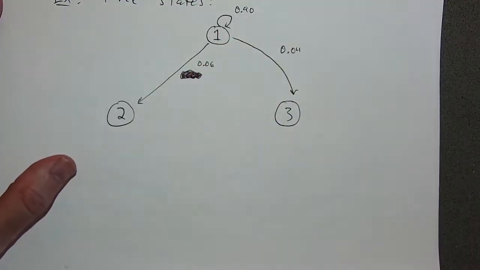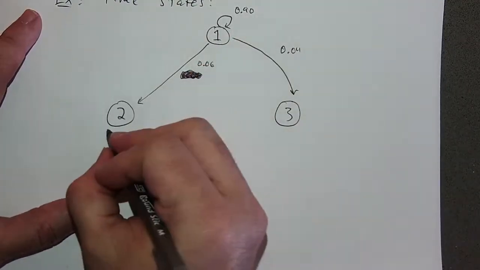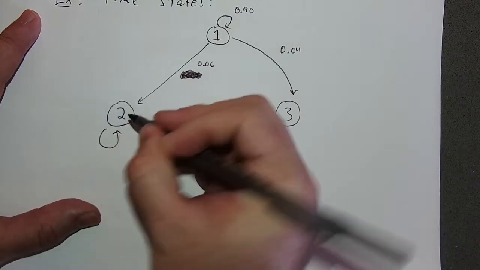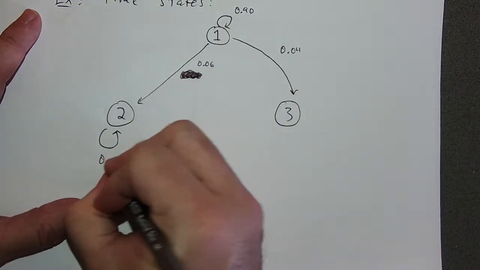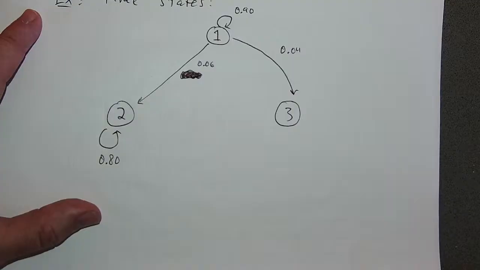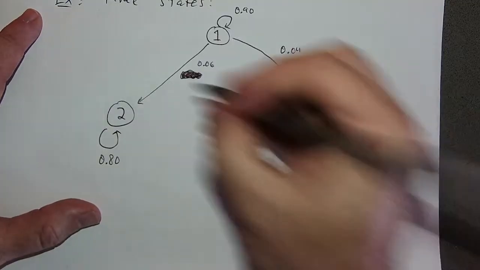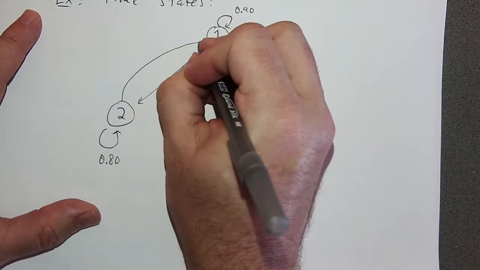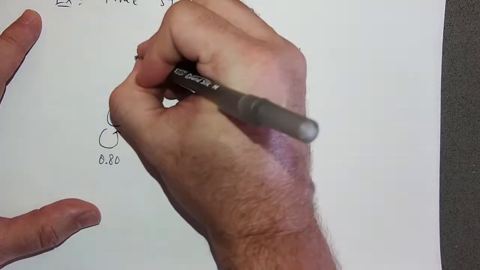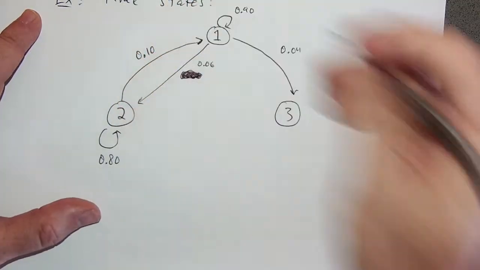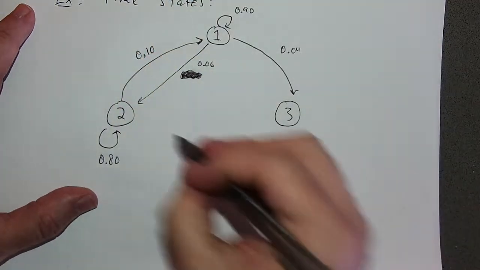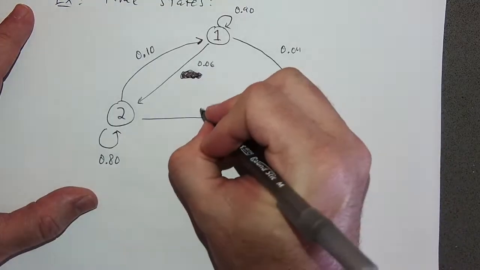Okay. For state 2, we'll say that 80% of them stay in state 2, 10% of them move to state 1, and 10% of them move to state 3.